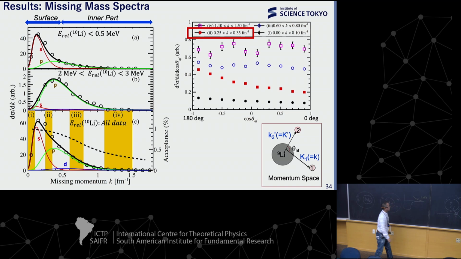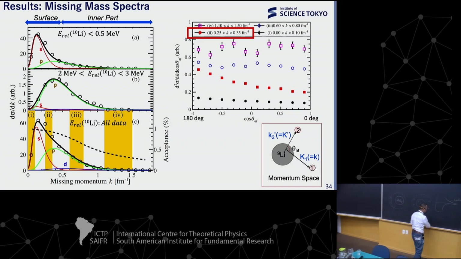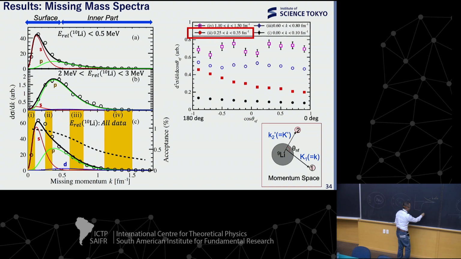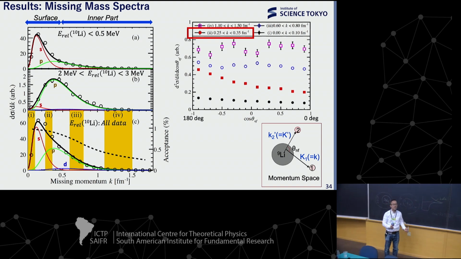But in the case of helium-8, the separation energy is, I think, 2.1 MeV. Maybe Francesca, you remember? 2.1 MeV or something. The two-neutron separation energy of helium-8. So 2.1 MeV is rather deep, first of all.